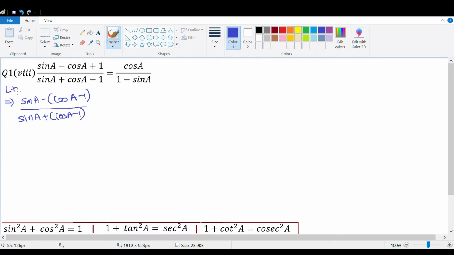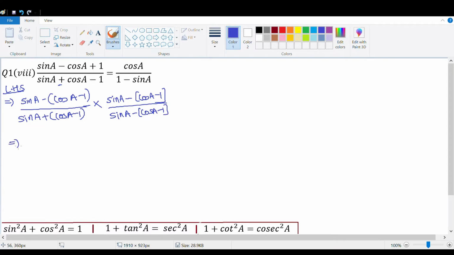Again, I'm working with left hand side, so let me just write this. And now let me rationalize it by multiplying it with, since plus is in the denominator, sine A minus cos A minus 1, and in the denominator also it will be sine A minus cos A minus 1.